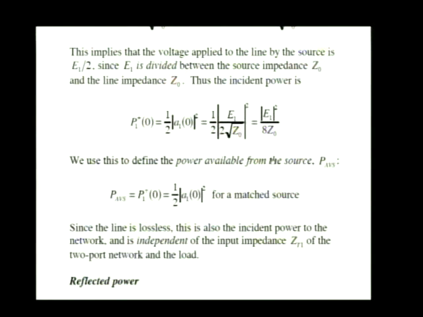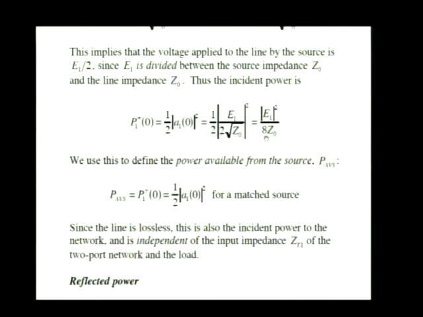And notice that it's equal to magnitude of E1 squared divided by 8Z0. This is a very common factor, E1 squared divided by 8Z0. We give it a name, call it the power available from the source, and it's equal to this quantity for a matched source.